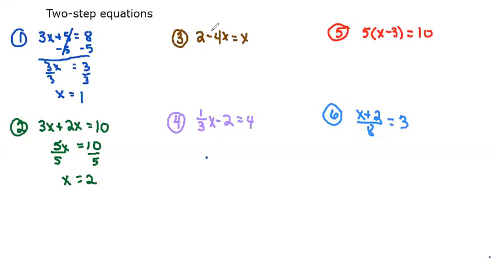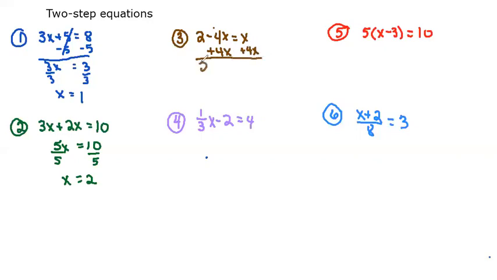Now, a lot of you like to keep your x's on the left. It really doesn't matter when we're working with x's here. So what I'm going to do is I'm going to move the minus 4x to the other side. So since it's a negative 4x, I'm going to do positive 4x.